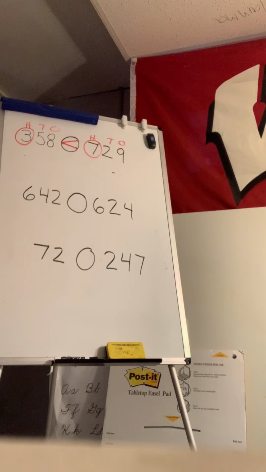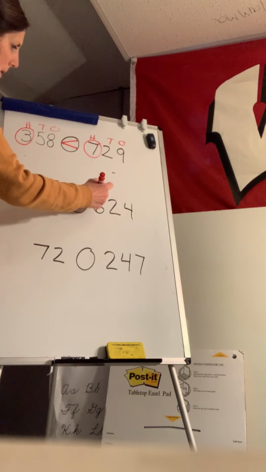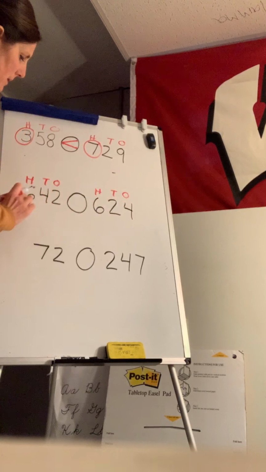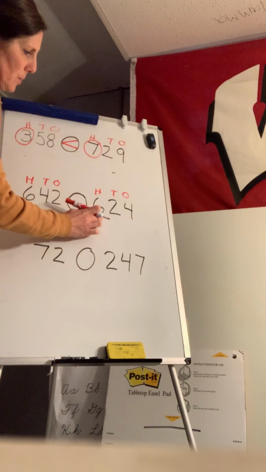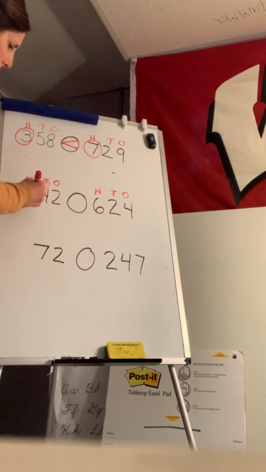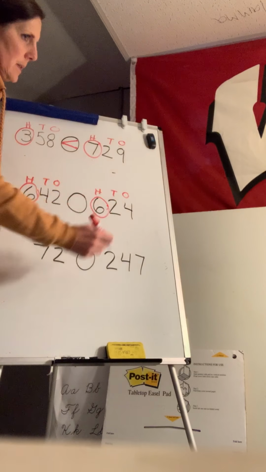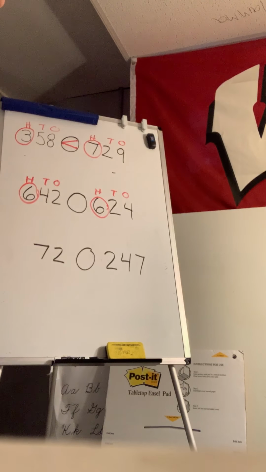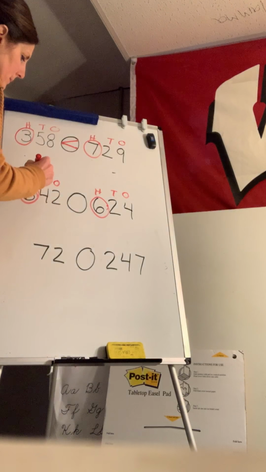Our next example, we count the place values: hundreds, tens, ones, hundreds, tens, ones, 1, 2, 3 place values, or digits. We're going to start in the hundreds. 600s, 600s. It's the same number. What do we do? Just like in alphabetical order, we go on to the next place value.